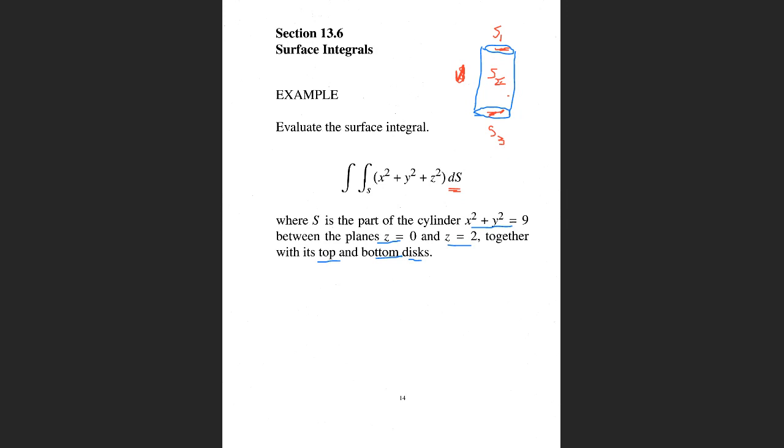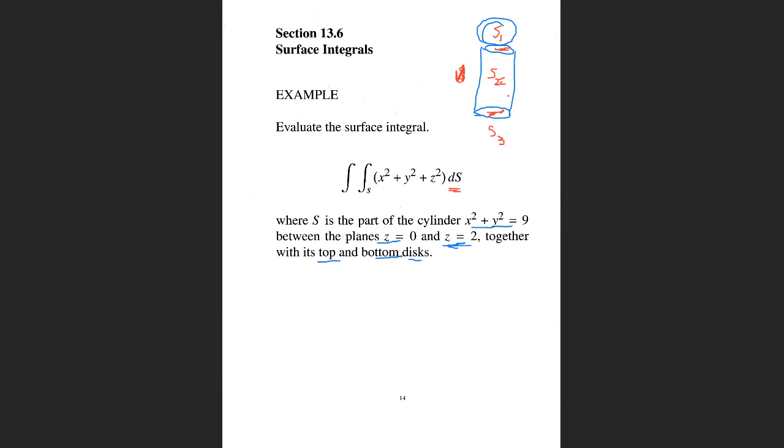That's right, Madeline. 3. What we're going to do is work in order. I'm going to first find the surface integral for this top disk, which is at the height of z equals 2.